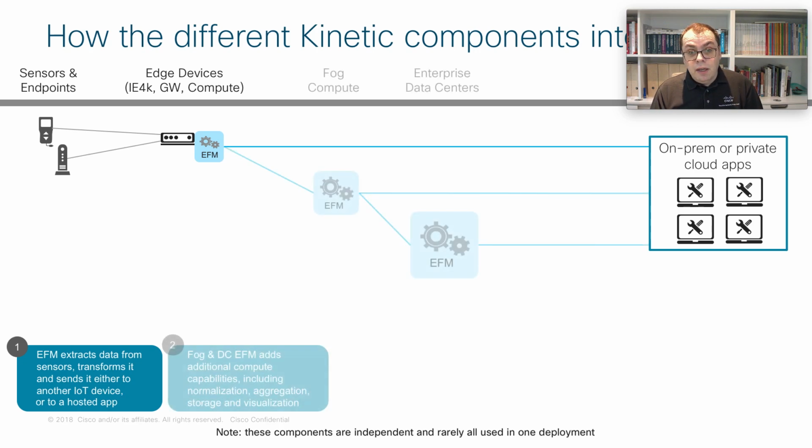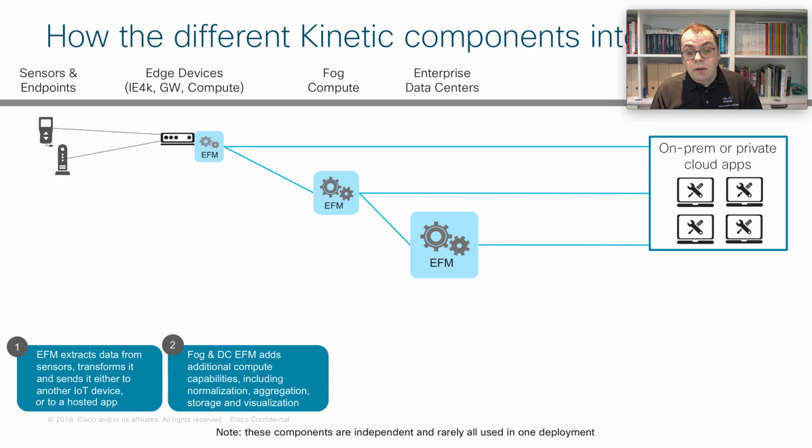Or we can send the data to an additional instance of EFM. So we can have a tiered system. Let's say this is here at the plant level. We are going to send the data for visualization, to create dashboards and to display our KPIs. As an example, this assembly line is stopped or has processed that many parts per hour, that kind of stuff.